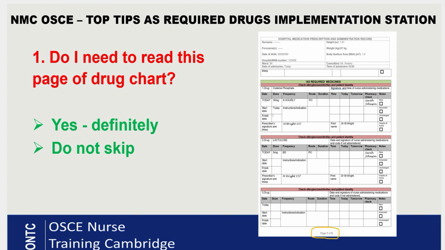This is part of patient drug history. It is part of medication for the patient, and if your patient needs it, it should be given. So definitely you cannot skip the section. The as required section is normally page 7 on your drug chart.